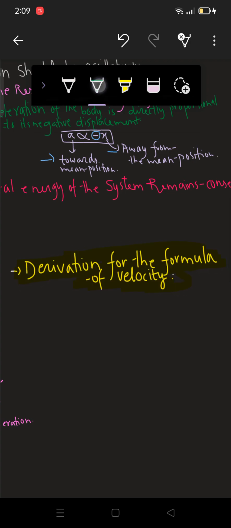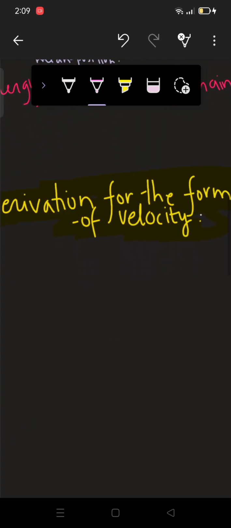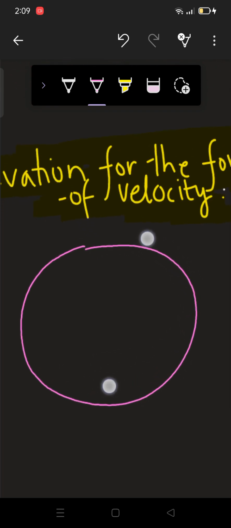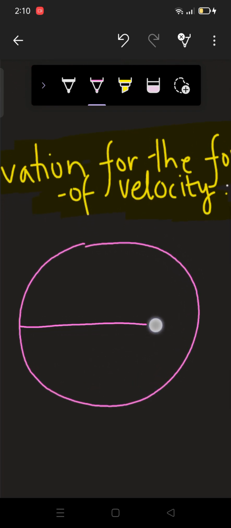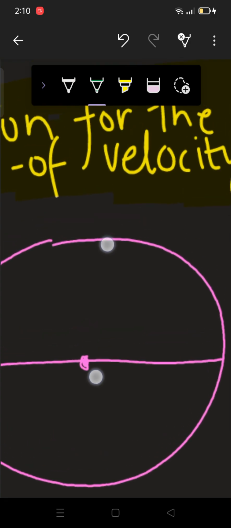Okay, so let's make the circle again. This is our radius, and this is our center point. Here we have our particle which is moving, right?